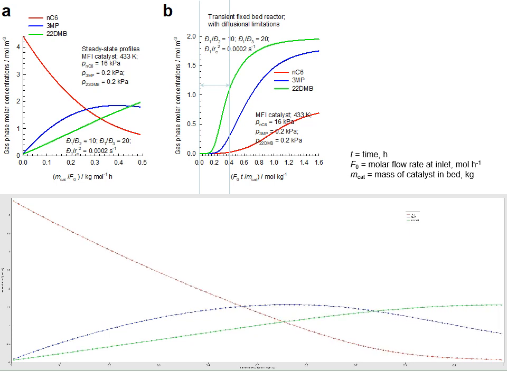And if we stop the operations here, the products are predominantly blue 3MP and green 2,2-DMB. So we do not need a separate separation step if we stop the transient operations at this stage.